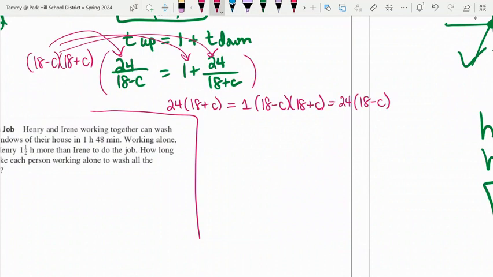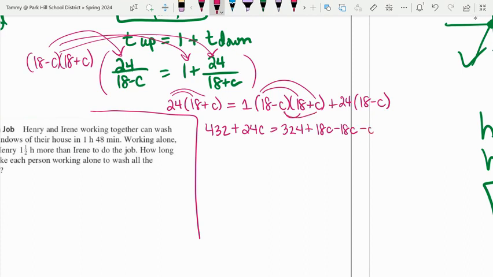Finish this one out. So distribute 24 times 18. 24 times 18 is 432 plus 24c equals, distribute here. 1 doesn't matter, so 18 times 18 is 324 plus 18c minus 18c. Well, that should be a plus between these. And then minus c squared.